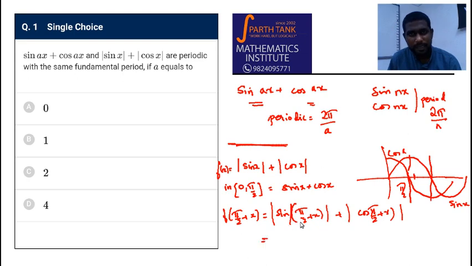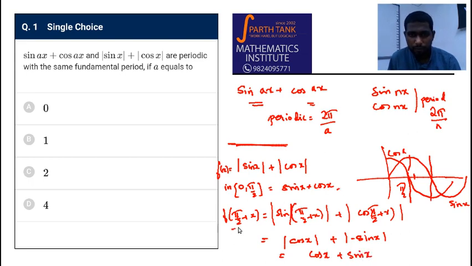Sine of pi by 2 plus x is cos x and it is positive. And cos of pi by 2 plus x will become minus sin x because the second quadrant is negative, and when you take the mod, it is going to become plus, which is equal to f of x.